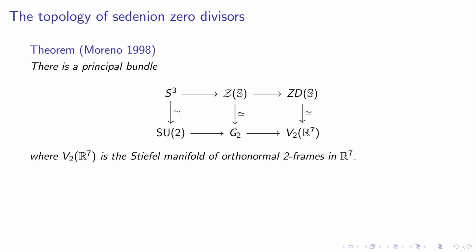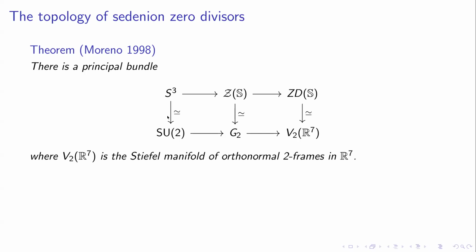So, the topology of the sedenion zero divisors. I think it was Moreno, one of the first to study the zero divisors from this geometric point of view. And well, you can describe the structure of the zero divisors as a principal bundle with total space this Lie group G2, and the base is the Stiefel manifold of two-frames in R7.